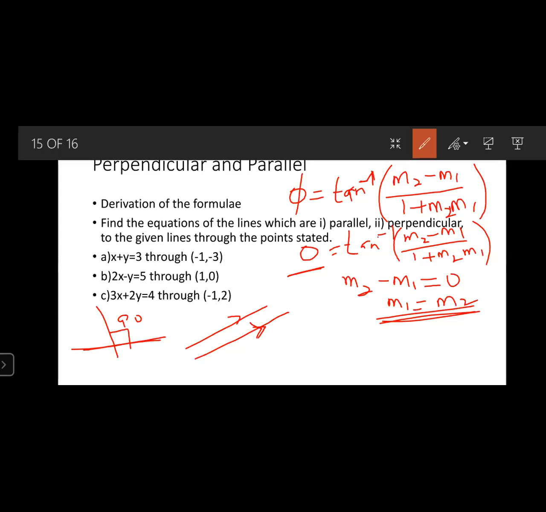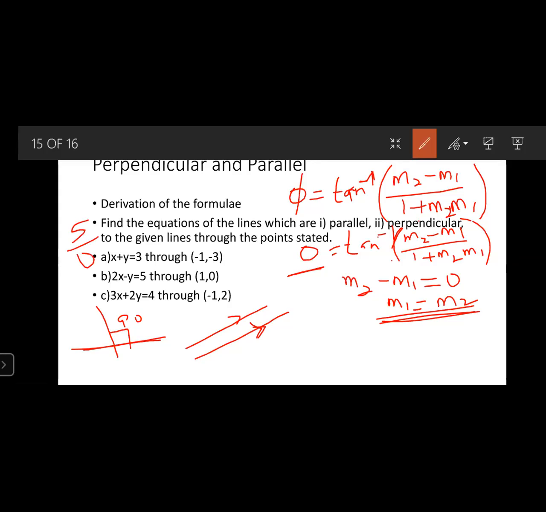When is this expression undefined? An expression is undefined when the denominator is equal to 0. Anytime we have a denominator of 0 it is a problem in mathematics. If you have 5 divided by 0, it is a problem.